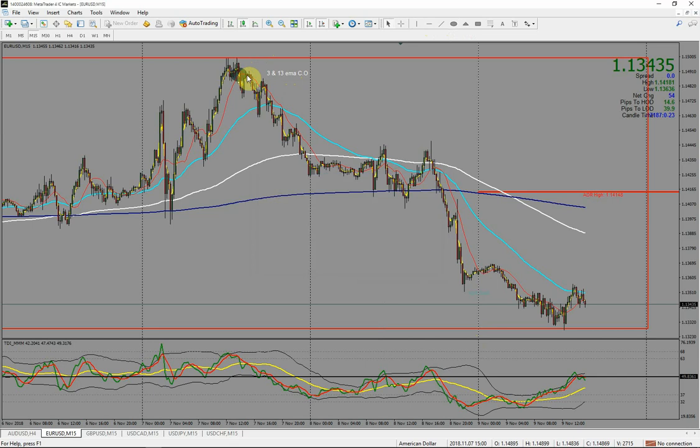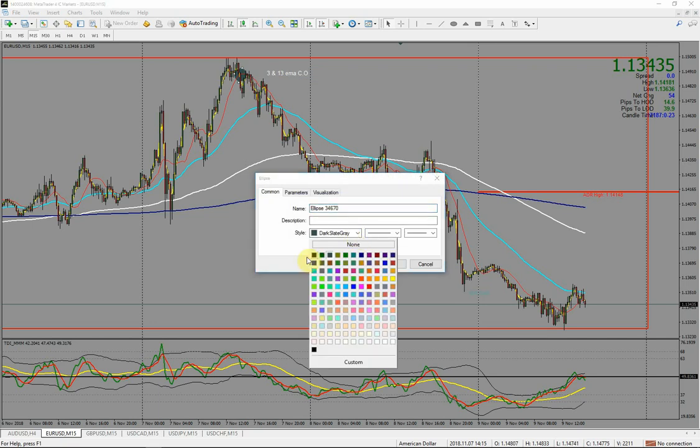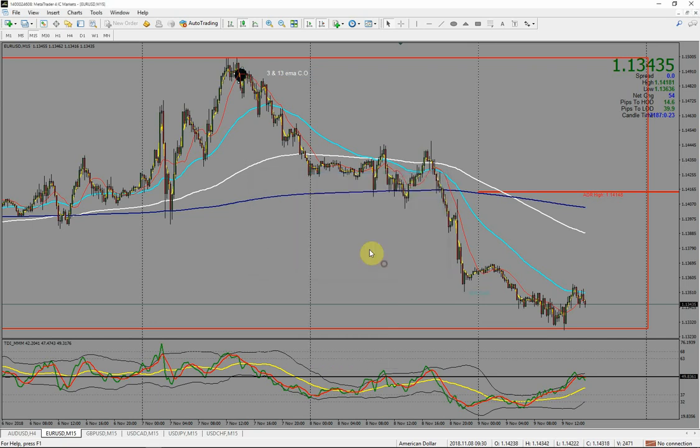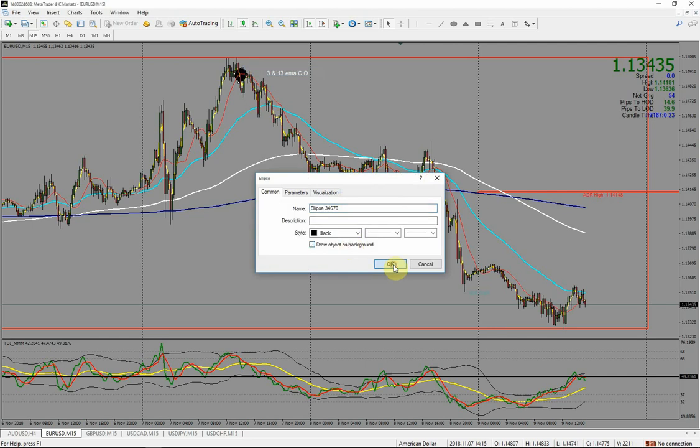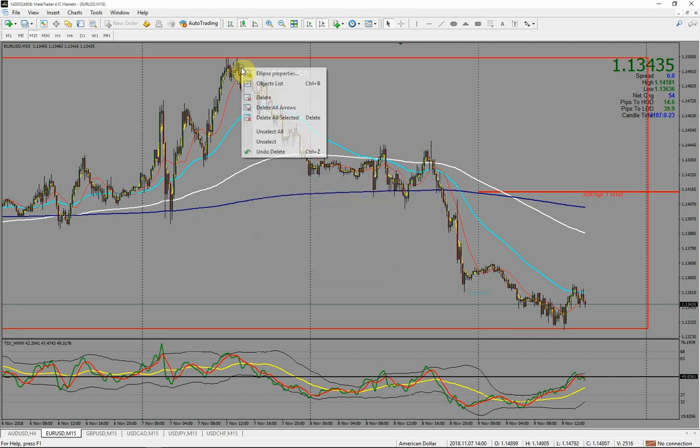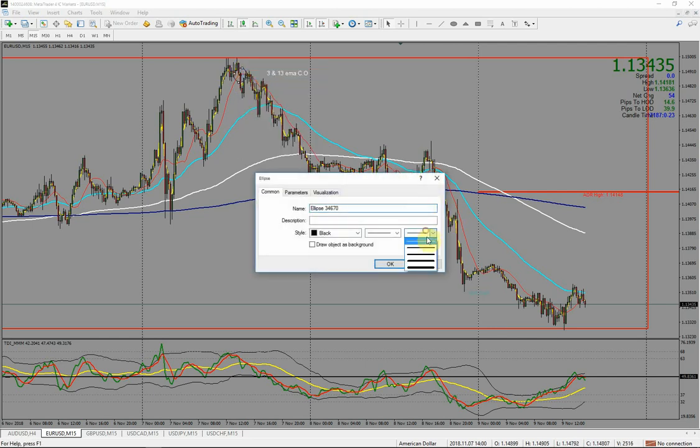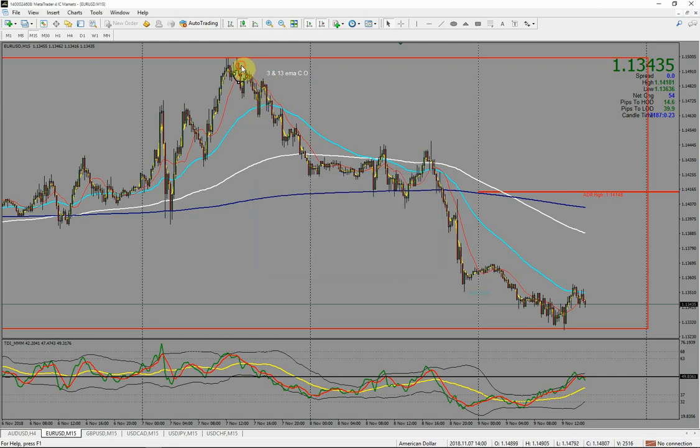That is our first moving average crossover, ladies and gentlemen. Just gonna change that into black color, then remove the background. Also increase the thickness to level 2, and there we go.